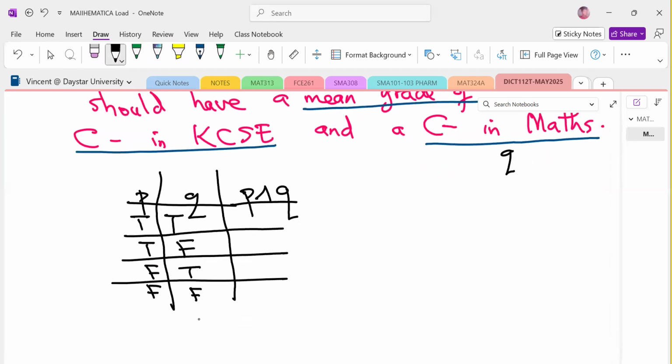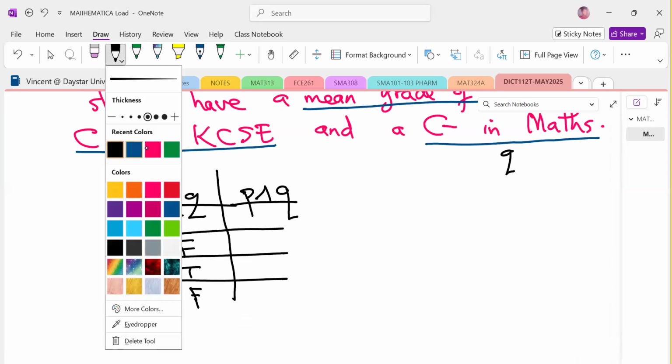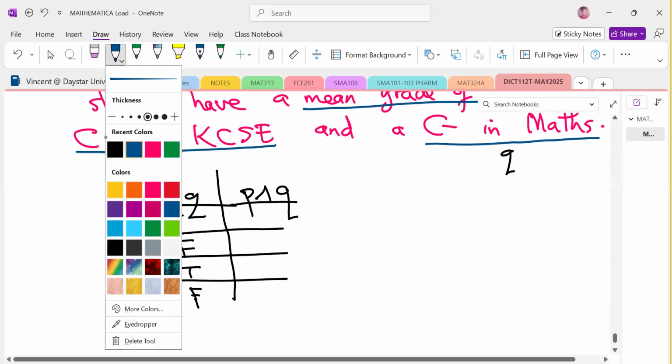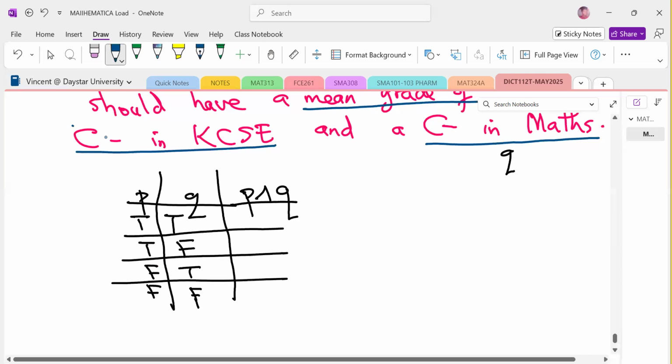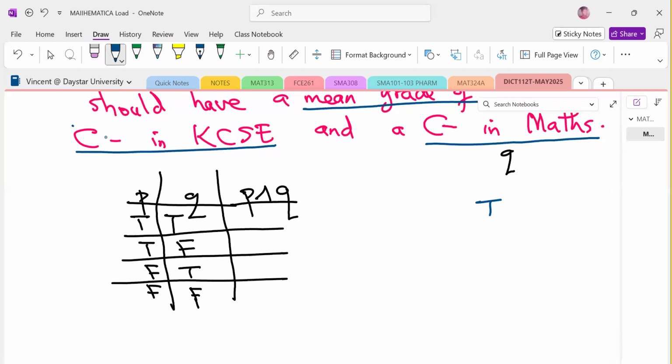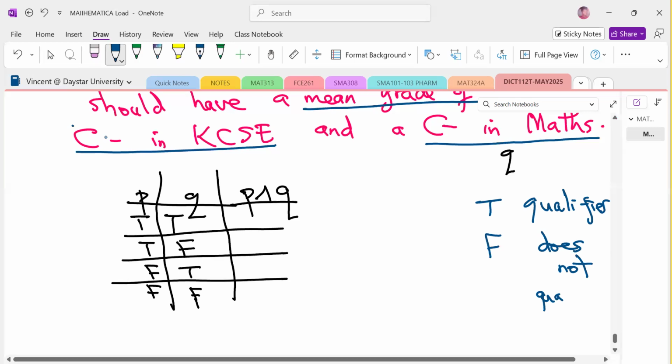So now the way we are going to fill the spaces in the column for conjunction of P and Q, we will put T if the student qualifies, and we'll put F if the student does not qualify for the course, according to the instruction given.